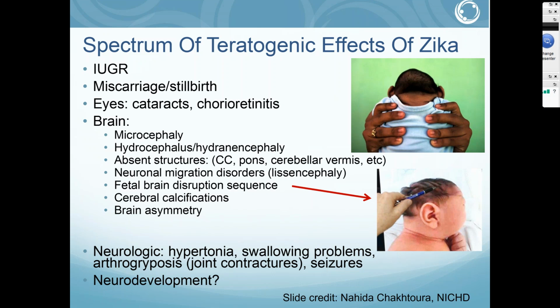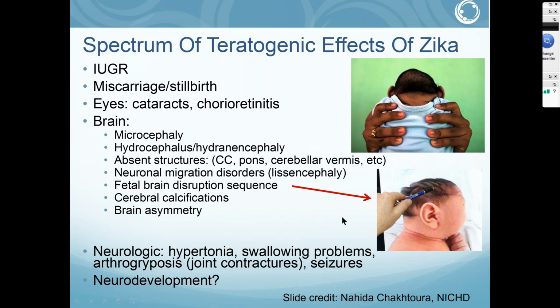There have been examples of problems with the corpus callosum, the pons, the cerebellar vermis. There have been neuromigrational disorders, lissencephaly, and disrupted processes that you can see to the right on this picture as well. And something striking, something that we should be looking for, is the cerebral calcifications that one can see that are often the only subtle finding that you may see in these cases.